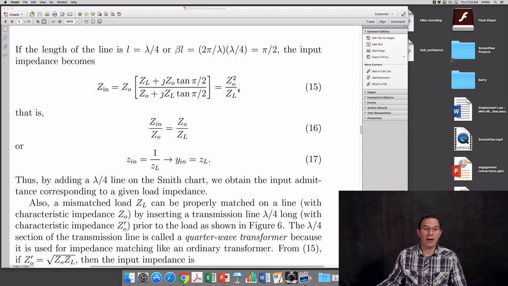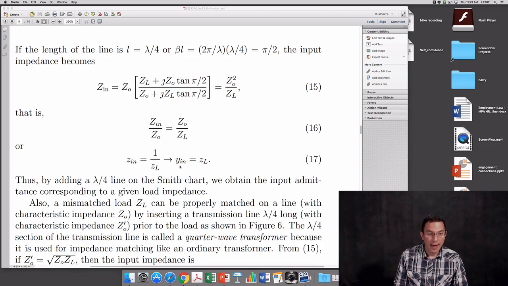Or if we divide both sides of the equation by Z naught, Zin over Z naught, which is the normalized input impedance, looks like 1 over the normalized load impedance. Or in other words, the input impedance here looks like the normalized input admittance, essentially.